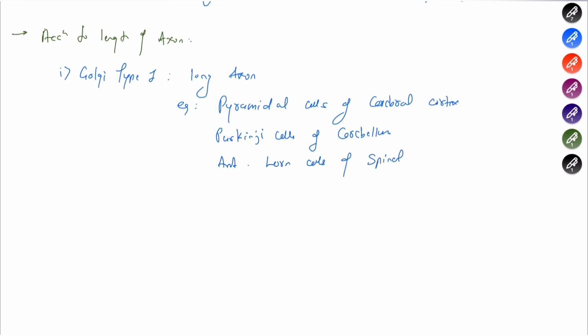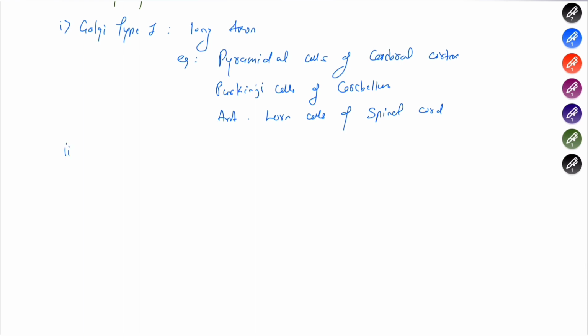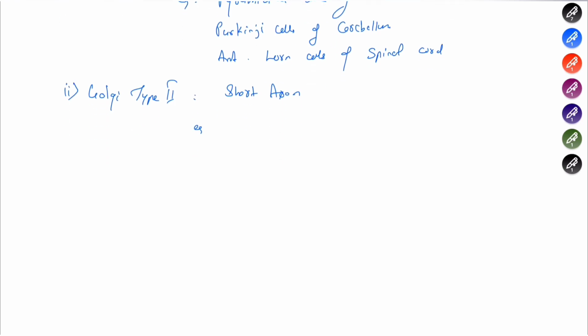So this is the Golgi type 1. Second one is the Golgi type 2, in which the length of axon is short. They have short axons. They are present in cerebral and cerebellar cortex.